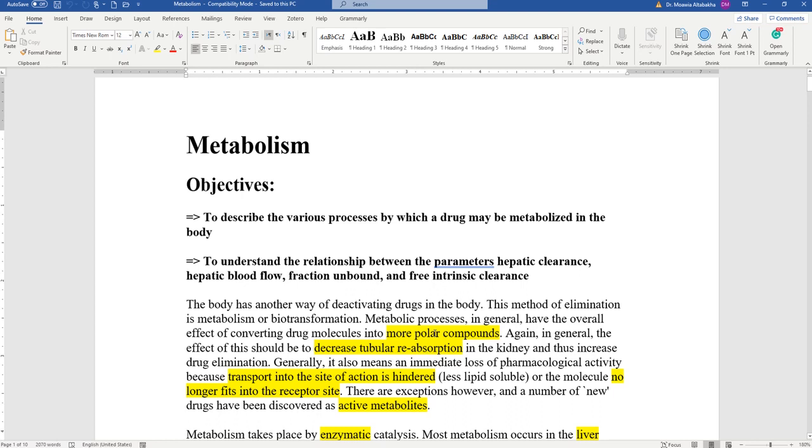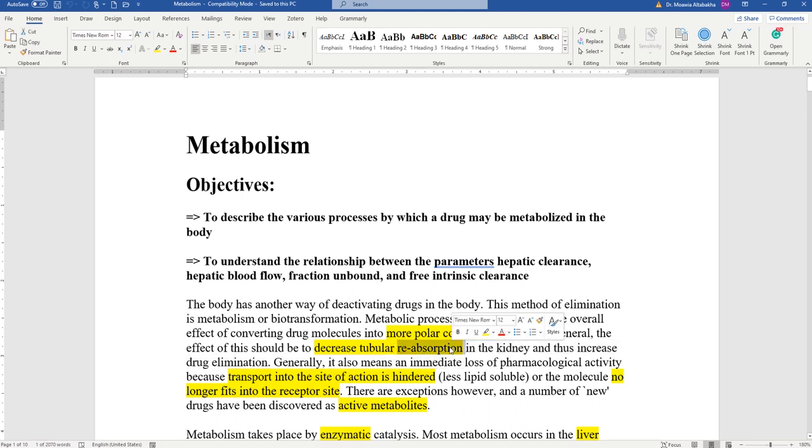So with metabolism, the drug is changed. Most probably it's no longer an active drug. And at the same time, this facilitates drug excretion from the kidneys, because reabsorption is hindered.